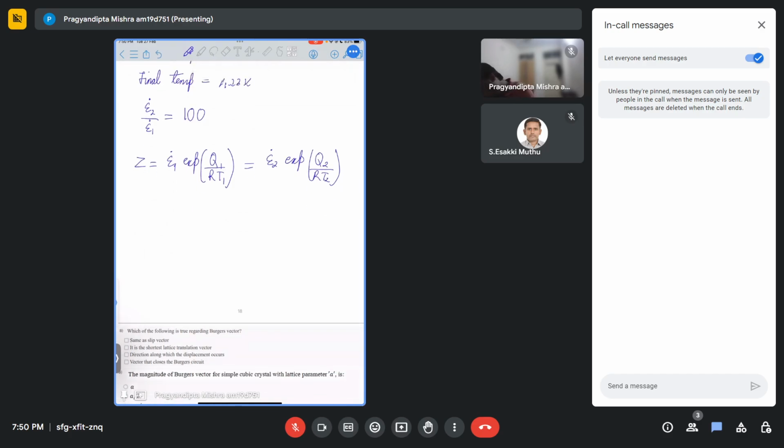Now if we solve this, we will get Q is equal to, let me just solve and show it to you.